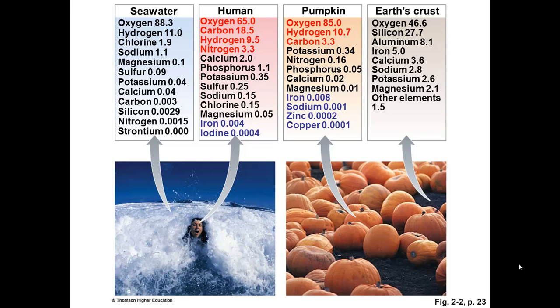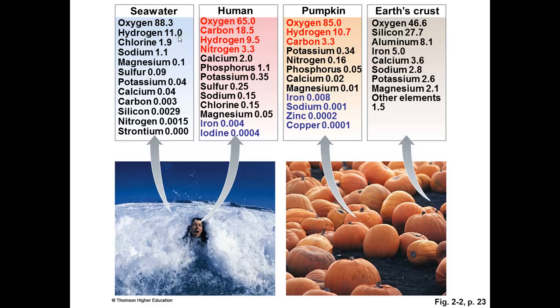So to put this in terms that you're a little more familiar with, here we see some of the elements that make up seawater, humans, pumpkins, as well as the Earth's crust. You can see that seawater is mostly composed of oxygen and hydrogen, 88% oxygen and 11% hydrogen, which makes sense because water has the chemical formula H2O, composed of hydrogen and oxygen.